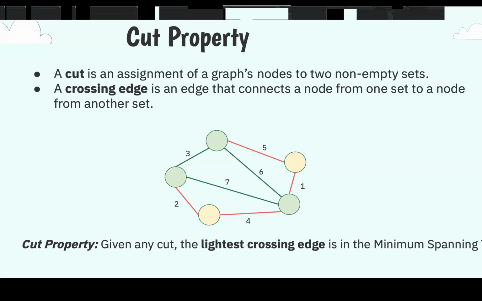Like in this example, the two yellow nodes are not directly connected. Yeah, it doesn't have to be directly connected. It could be arbitrary. So you could have one algorithm where, if you want to find the minimum spanning tree, you just keep making these cuts randomly and see whether the crossing edge is already a part of the MST. If not, just add it.